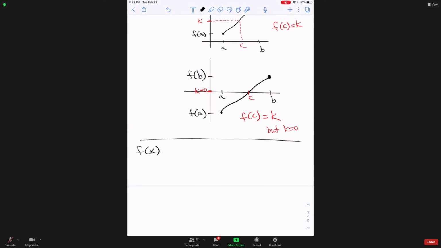Suppose f of x equals x squared minus 6x plus 8 on the closed interval 0, 3.